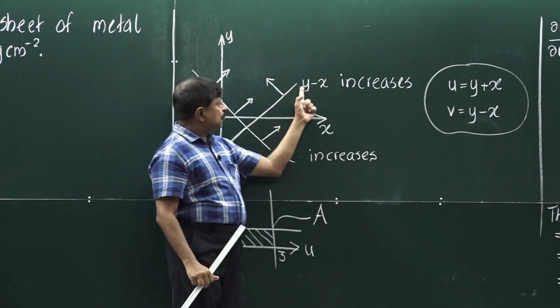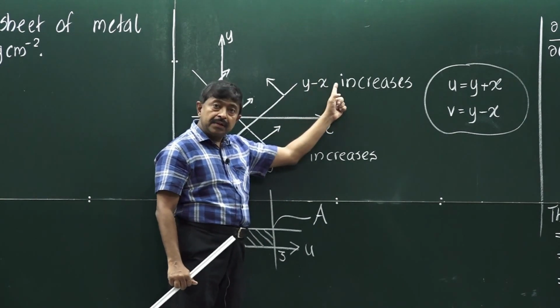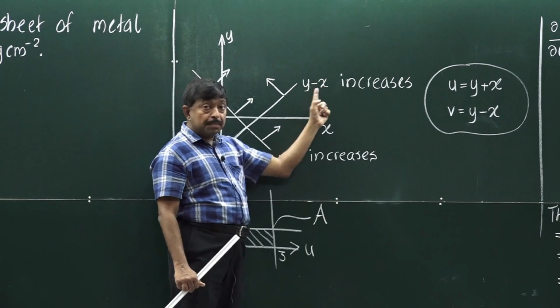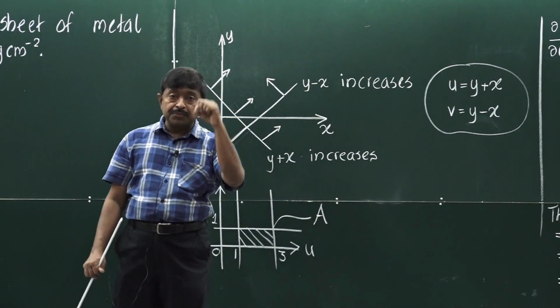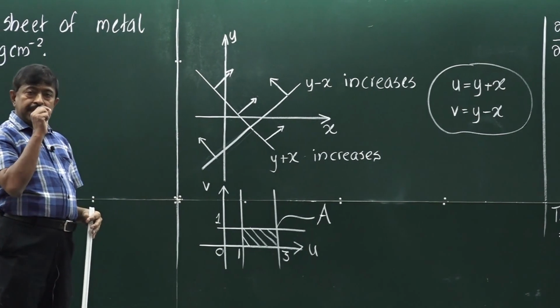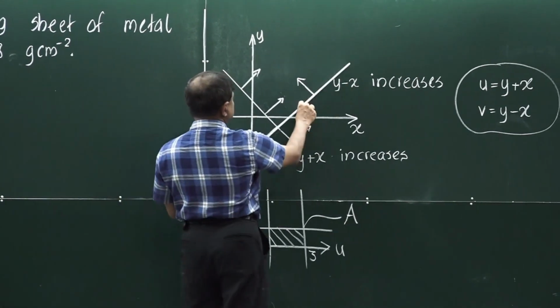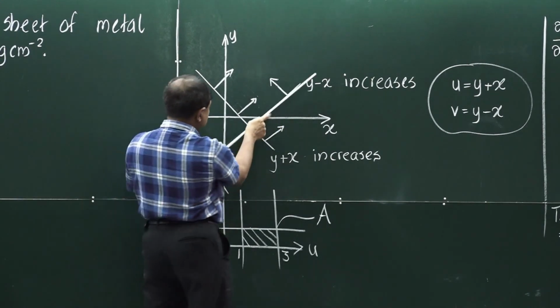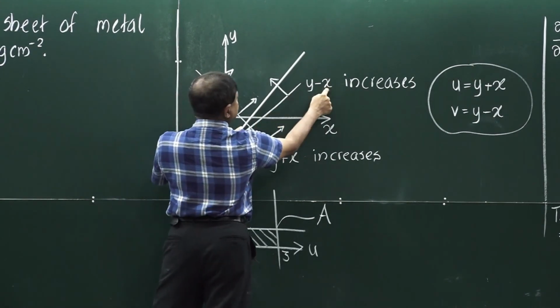Similarly, if you take y minus x is equal to c, then taking x to the other side, you have y is equal to x plus c. With that setup, you can easily see that the gradient is 1, and the intercept is c. So, y minus x is equal to c.